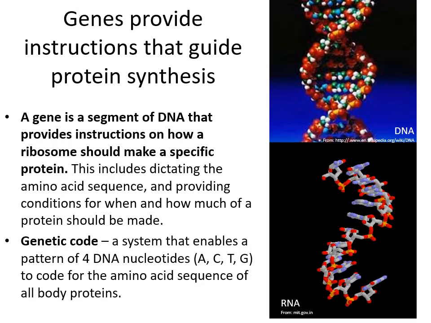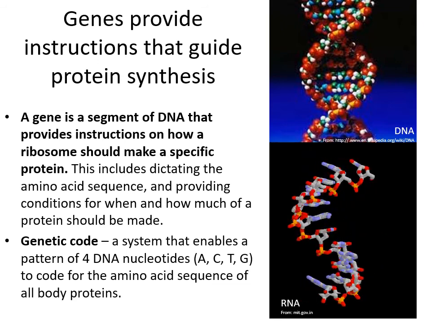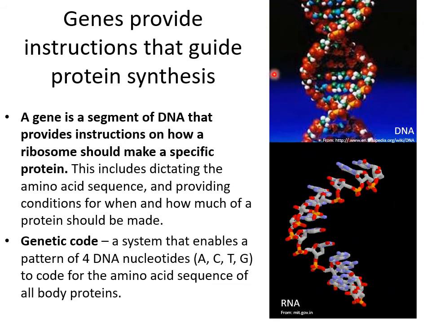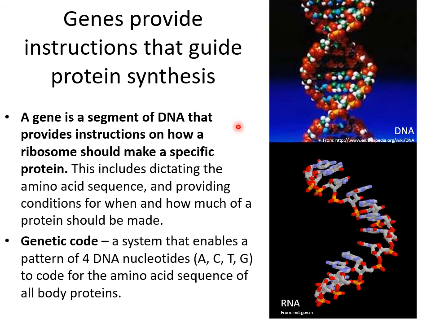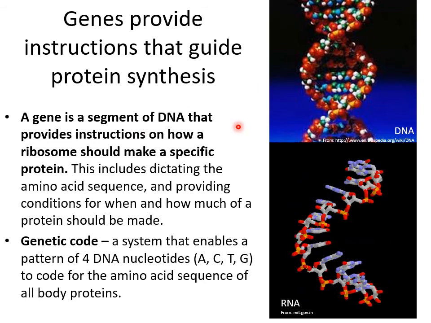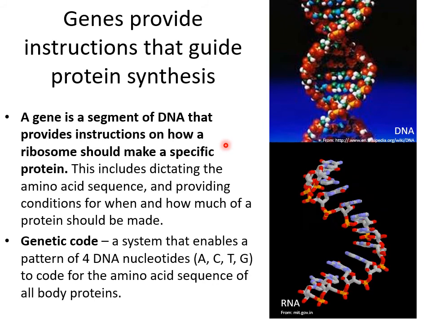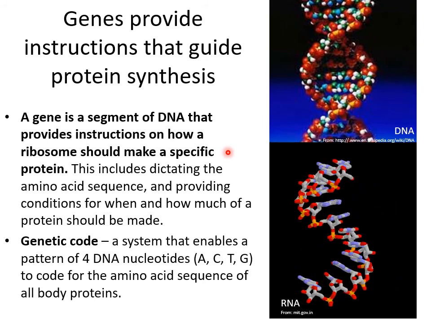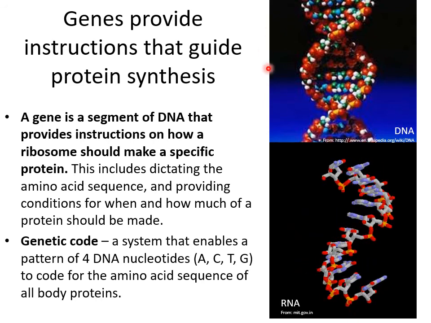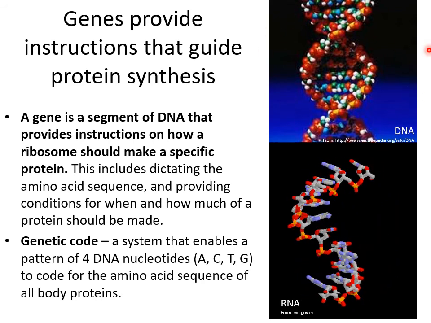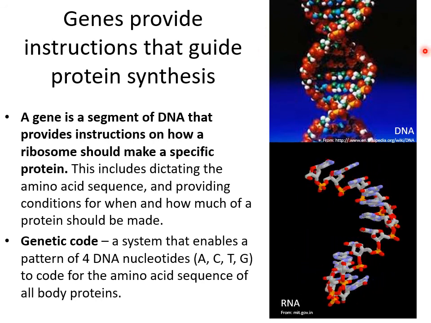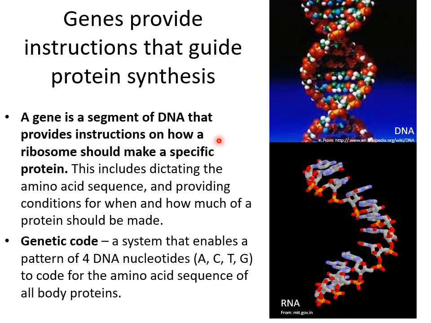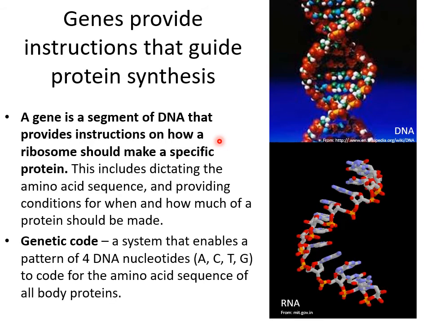Where do they get those instructions from? Well, you've inherited it from your parents. It's in your DNA. A gene is a coded segment of DNA that provides instructions on how a ribosome should make a specific protein. In other words, all the inherited information you have from your parents on how to be a human being is merely a series of recipes to make all necessary human proteins.